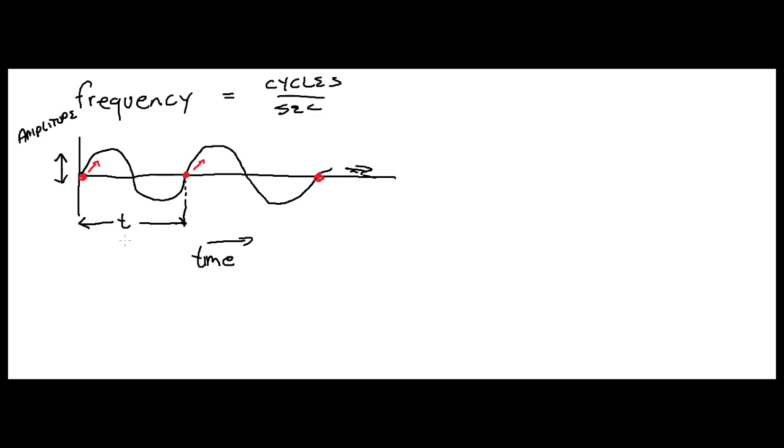Suppose this was equal to 1 second. I'm just going to put this in parentheses. So we would have one cycle in 1 second. That's equal to 1 cycle per second, right?